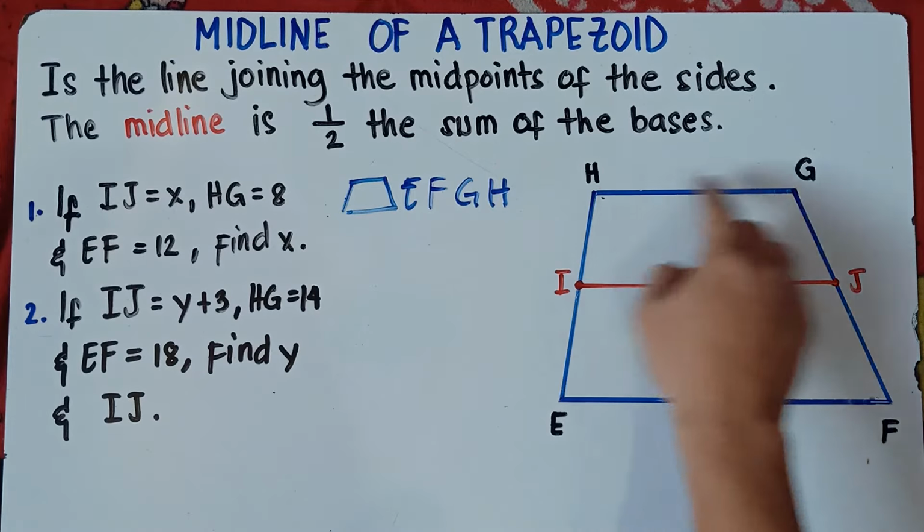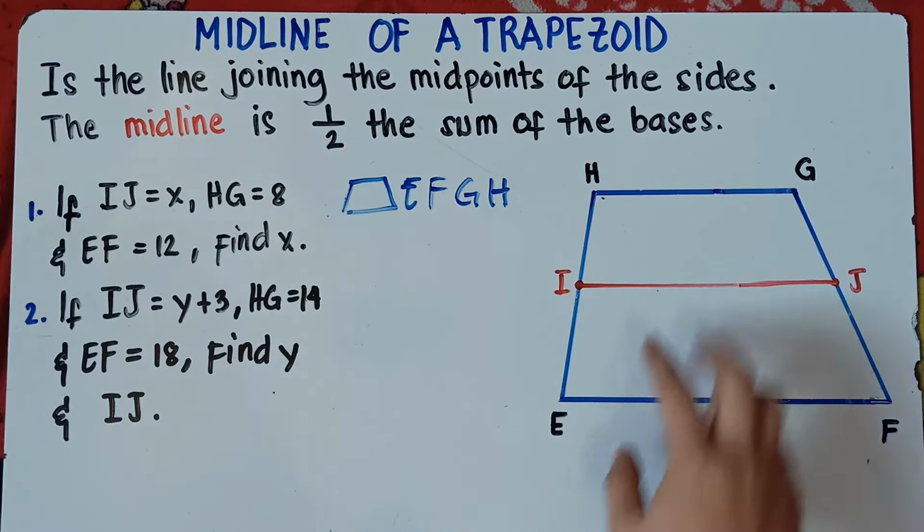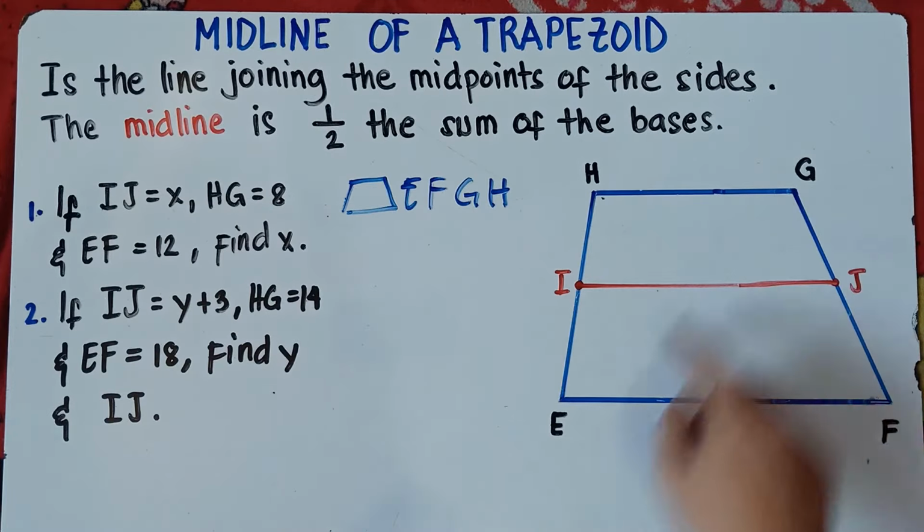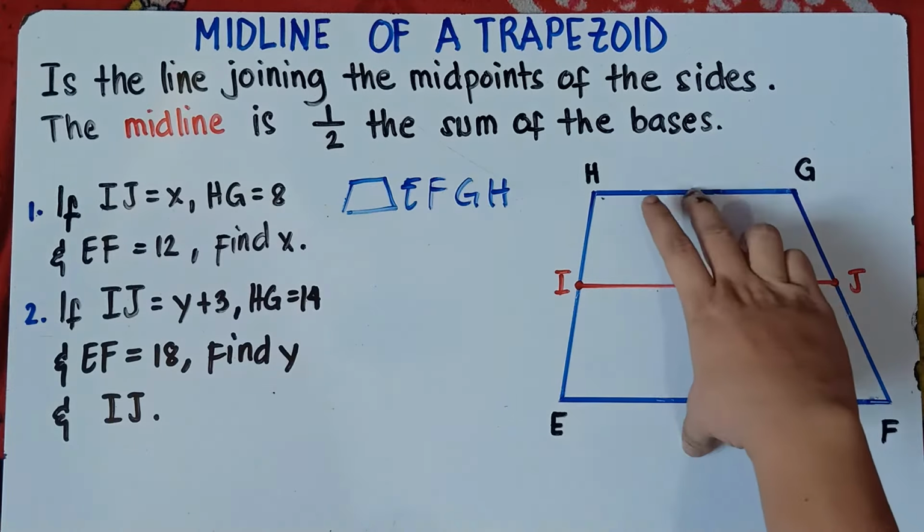Once again class, HG and EF are the bases of the trapezoid. Always remember this. And this IJ is parallel to HG and EF.